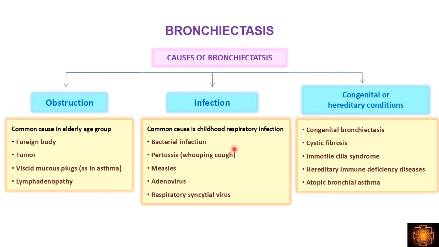And there is another category, that is congenital or hereditary conditions. In this we have congenital bronchiectasis, cystic fibrosis, immotile cilia syndrome, also called Kartagener syndrome. Then we have hereditary immune deficiency diseases and atopic bronchial asthma. So these are all the causes for bronchiectasis.